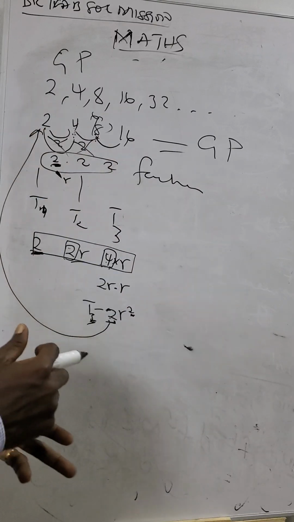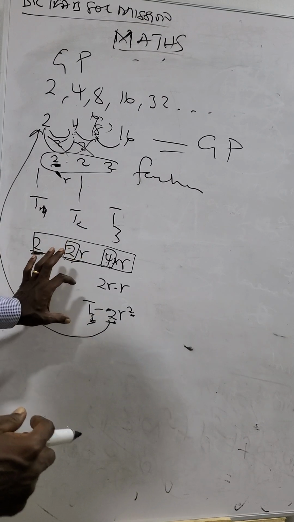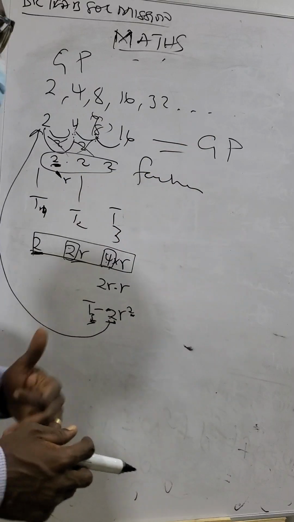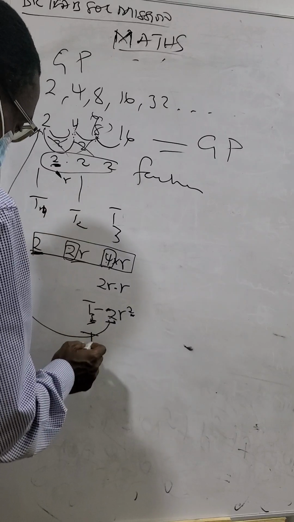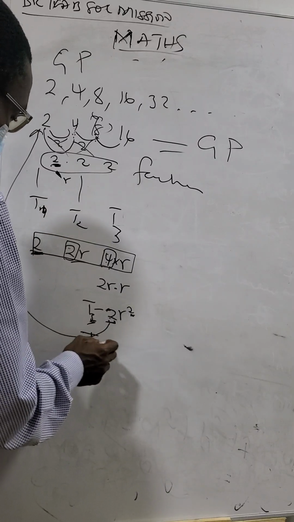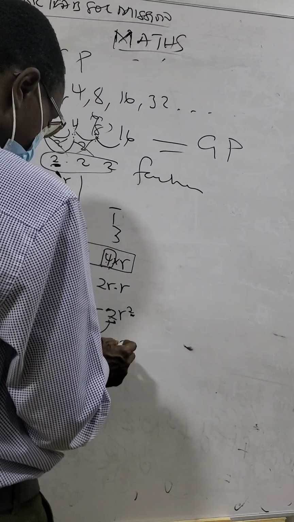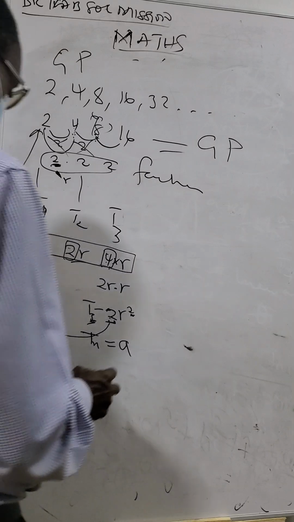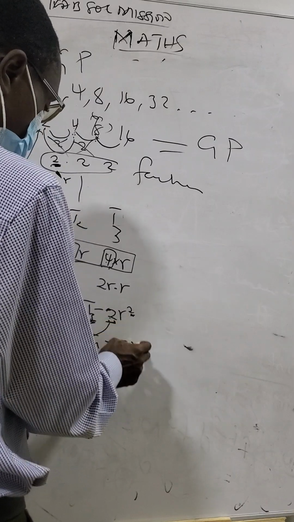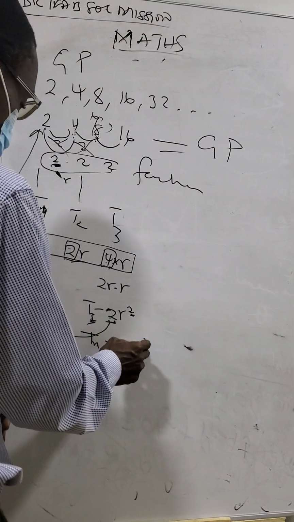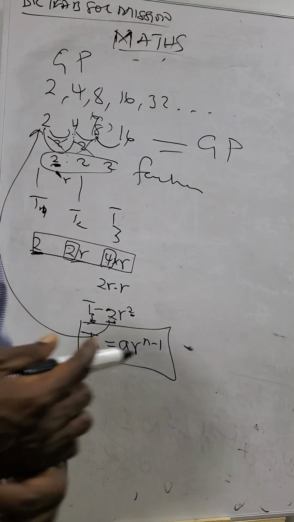So if you want to write a general equation for this, it becomes very easy for you to predict the formula for this kind of progression called the geometric progression. From this, we can say that if Tn is for any term n, then the first number that we are dealing with, let's assume that is a, should be multiplied by the factor, and of course raised to the power that will be short by 1, so it will be n minus 1, and this becomes the general equation for the geometric progression.